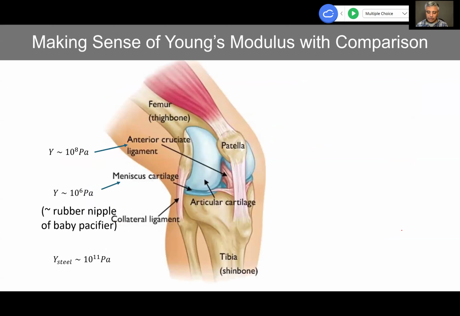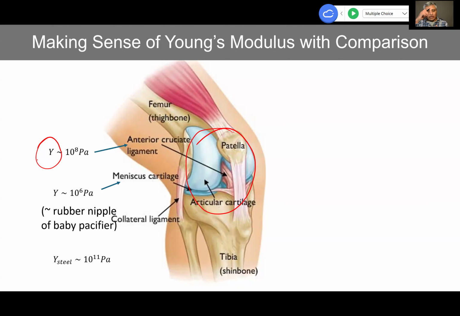And when you do that, that kind of material can be used as, for example, a knee replacement, and so on. So in that case, what happens? The knee is made up of certain organic material, of course. So we can do experiments and figure out what's the value of Y for that kind of material.